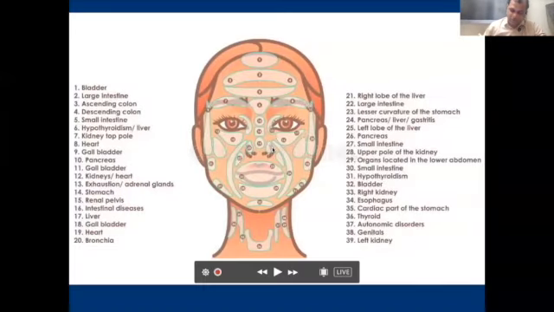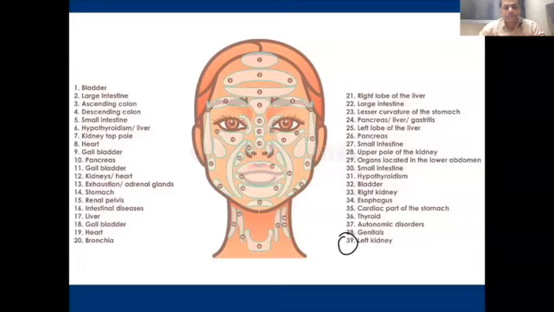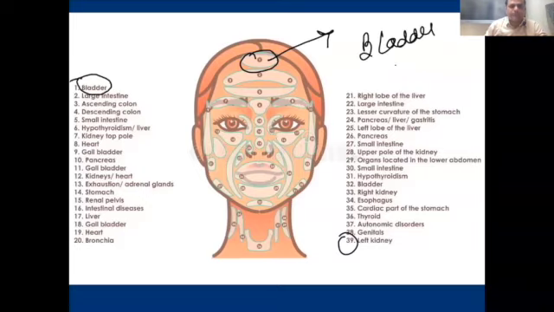So in the face, we have about 39 points. I will give you an example. If I am talking about this point, this upper point is the point of the bladder, right?